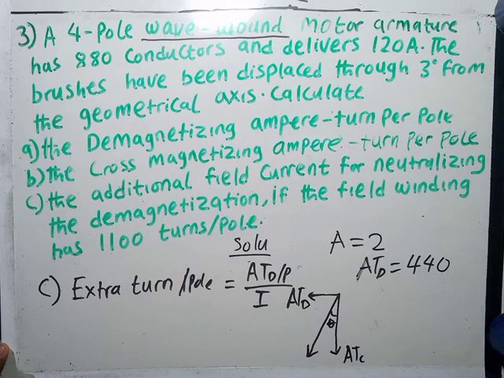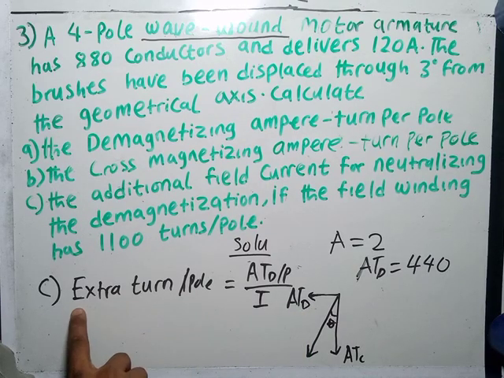Because only just a small portion of your armature reaction is your ATD. Now your ATD is countered or neutralized with the help of extra turn. If you add extra turn to each pole, they will produce more mmf that will counter the one that comes with this one.